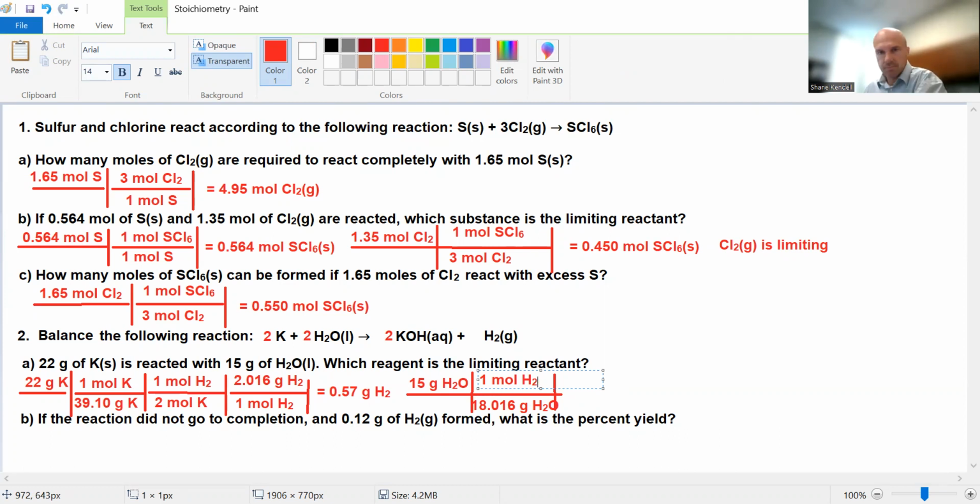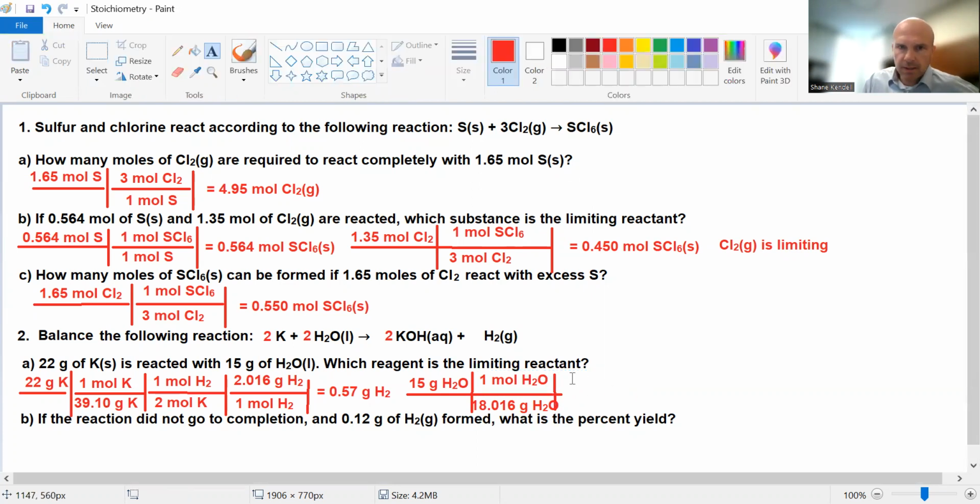And then I look at my stoichiometric ratio. So from here, it's 2 moles of H2O gives us 1 mole of the H2 gas.